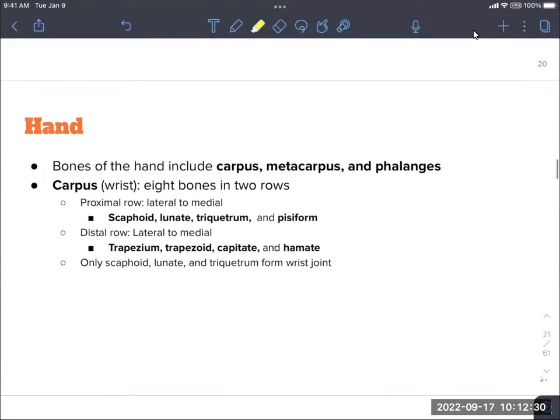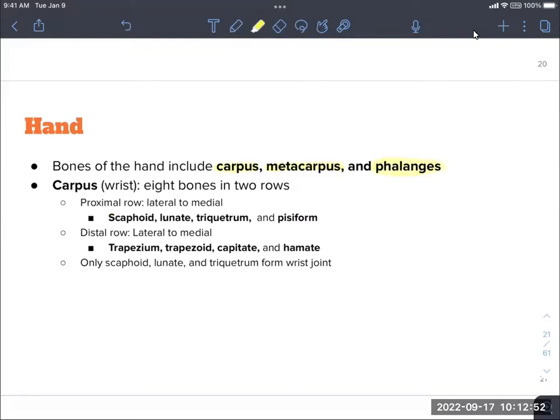So let's look at our hand and our wrist. Our wrist is made up of carpus, or carpal bones. The palm of our hand is made up of metacarpus, or metacarpal bones, and our fingers are called phalanges.